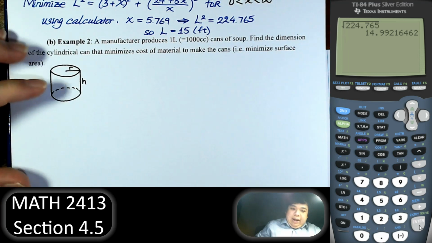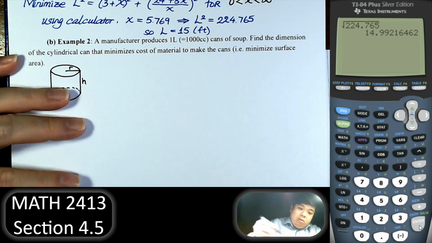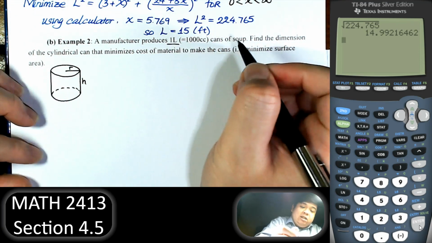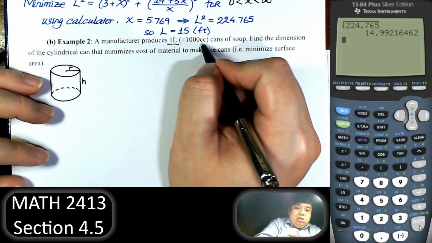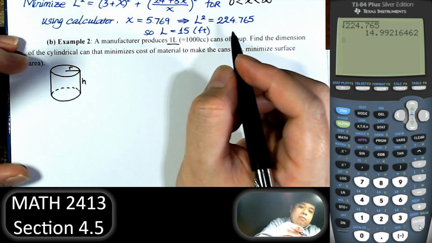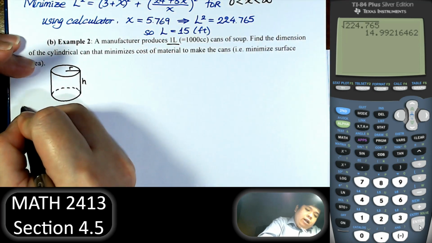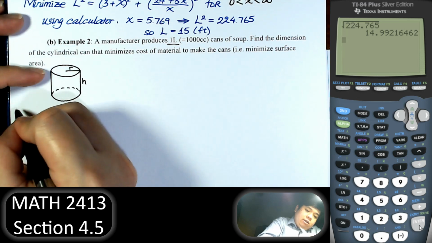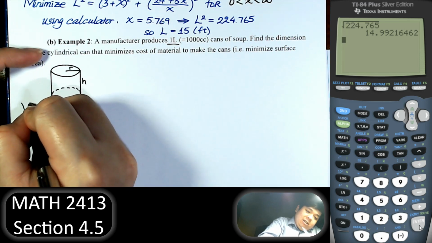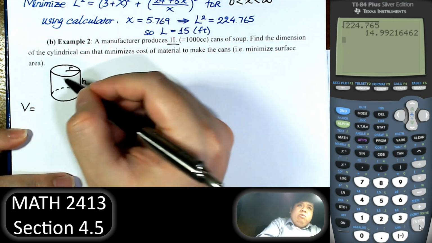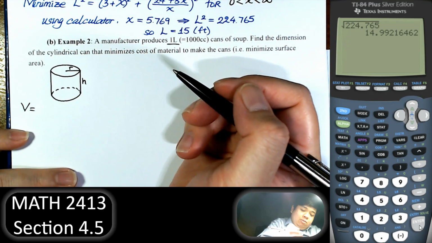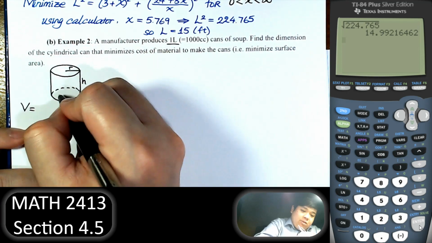Now, what we have in this problem is 1 liter, so the volume is fixed. It's 1 liter, or 1,000 cubic centimeters. So I will write V equal to, what is the volume of a cylinder?